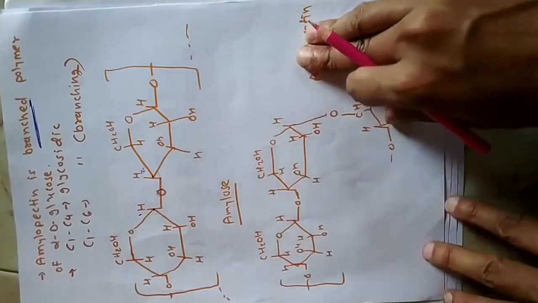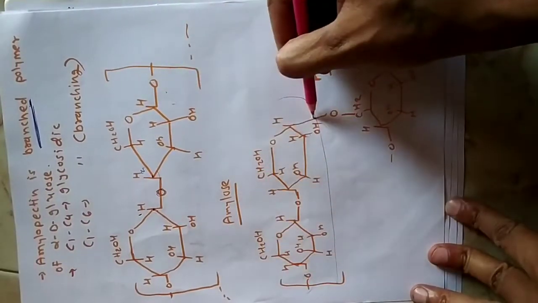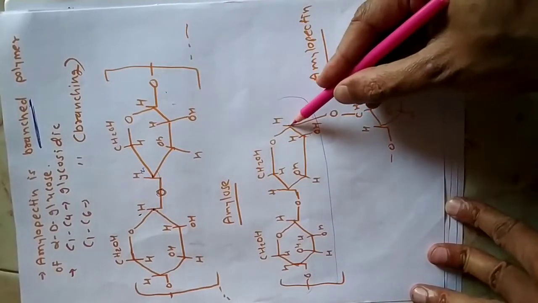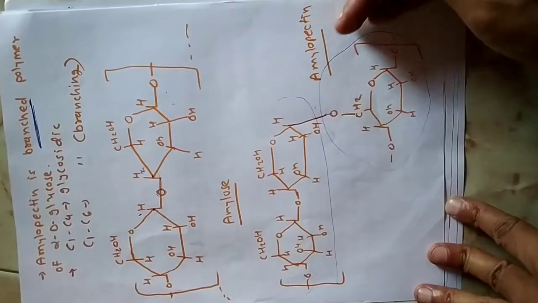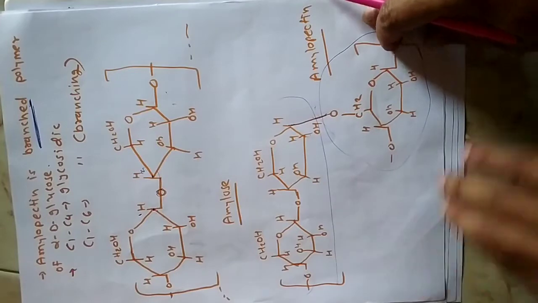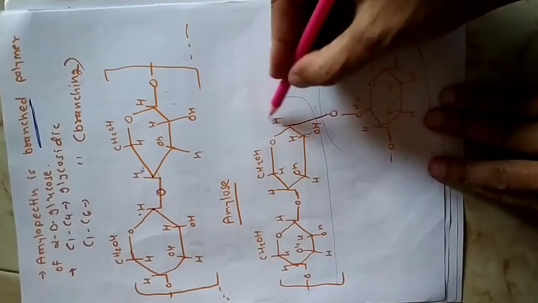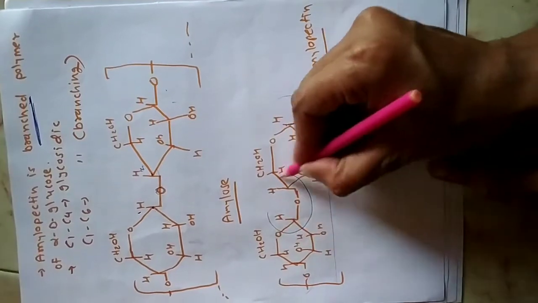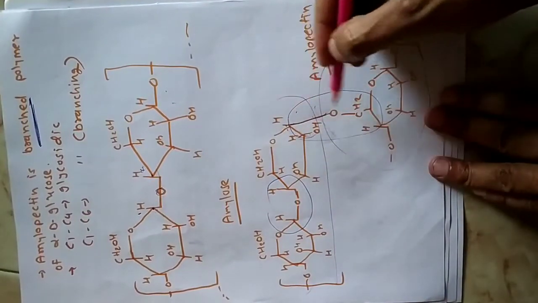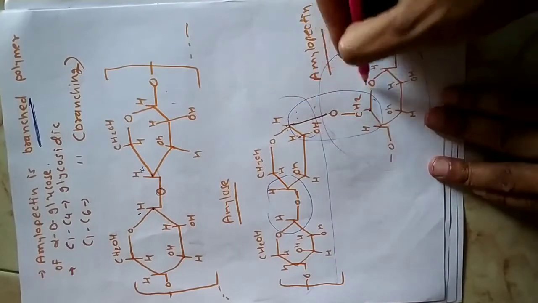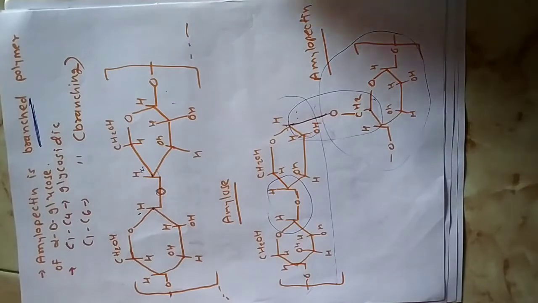While in amylopectin, this structure is already present. The same structure is here, but with that, this branch is attached. So it is a branched structure. So there are two glycosidic linkages: C1 to C4, this one, and the second one is C1 to C6. Two glycosidic linkages are there in amylopectin.